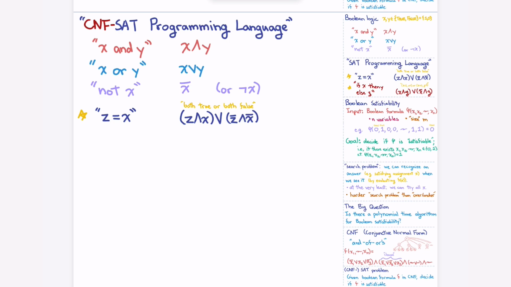So you can do things like this is going to be equal to z and x, or z bar and x bar. I'm just doing De Morgan's law one step at a time, and hopefully I do this correctly.